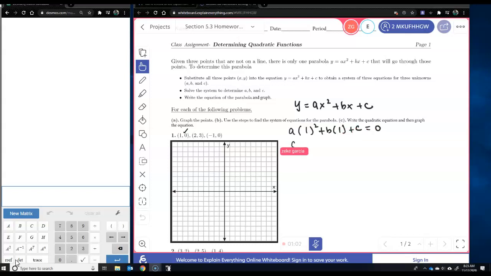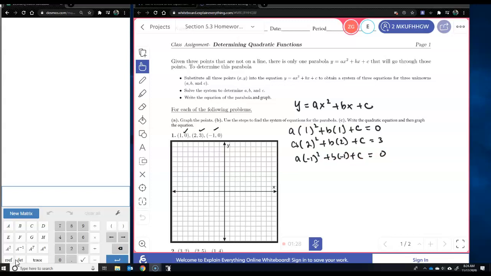The next one we have a times 2 squared plus b times 2 plus c equals 3. And then for the last equation, we're going to use the last point. So each point is going to create an equation: a times negative 1 squared plus b times negative 1 plus c equals 0.